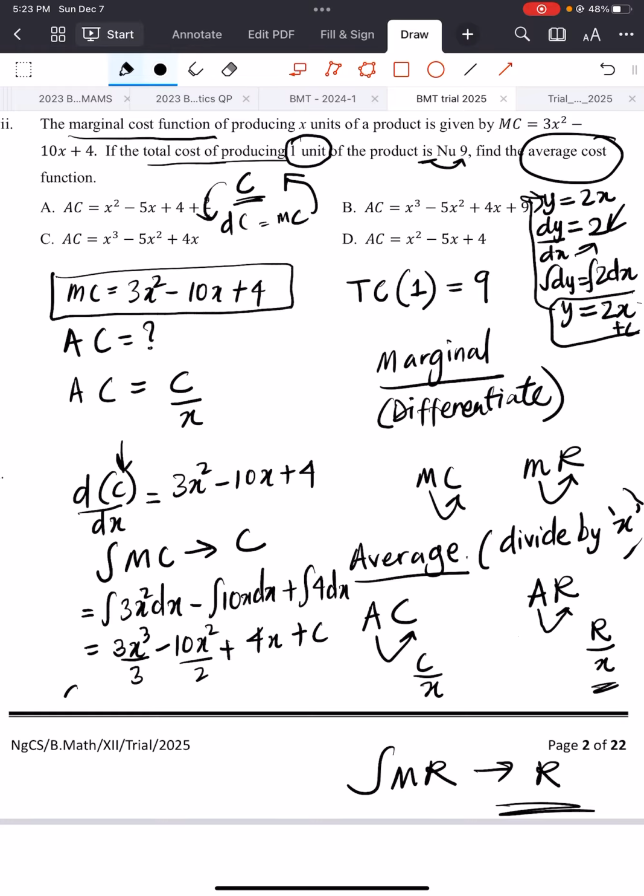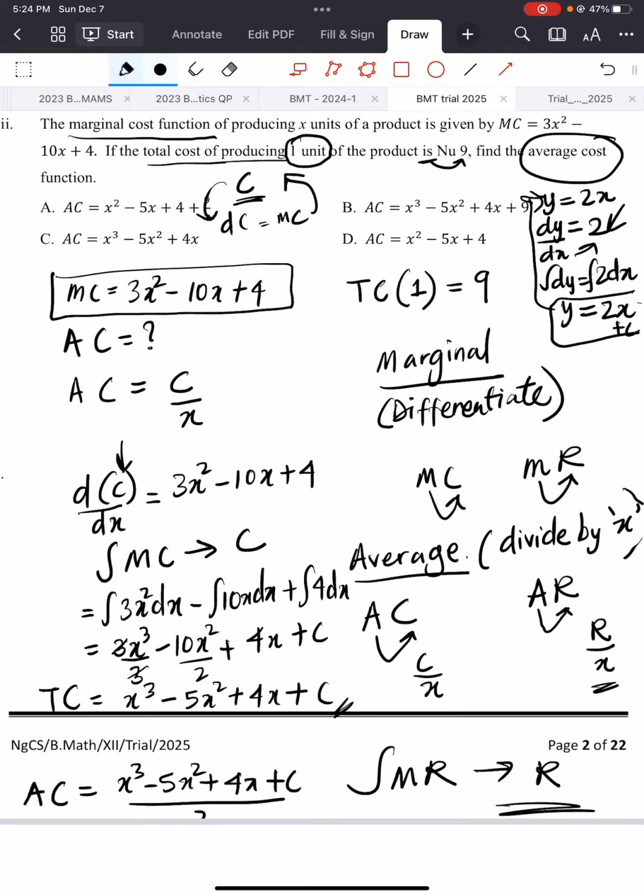So 3 gets cancelled: x cubed minus 5x squared plus 4x plus c. So this is your cost. But are you going to end with cost? No, because at the end you need to find average cost, so you need to divide the cost function by x.